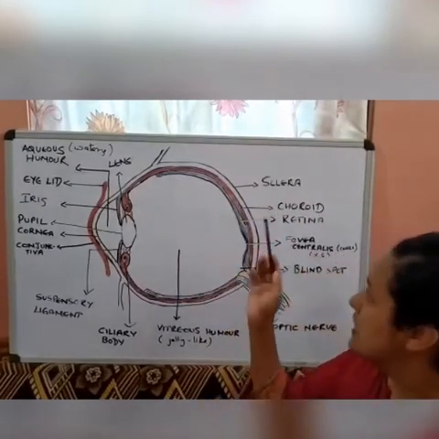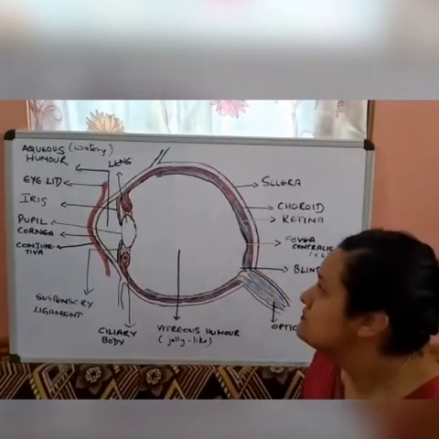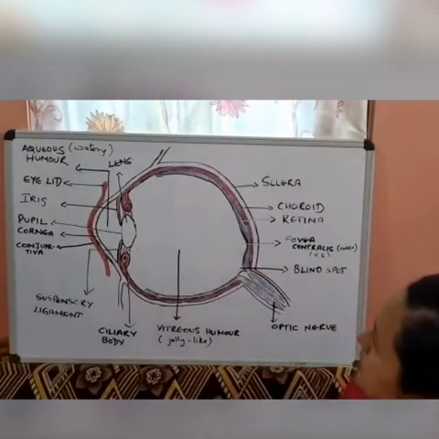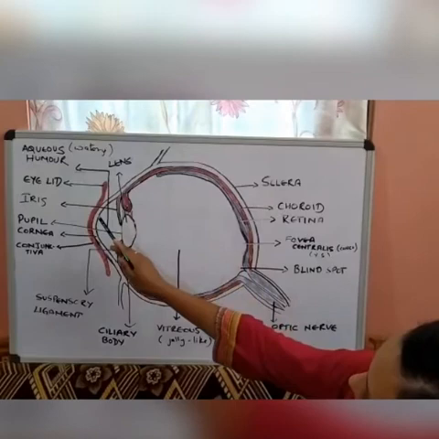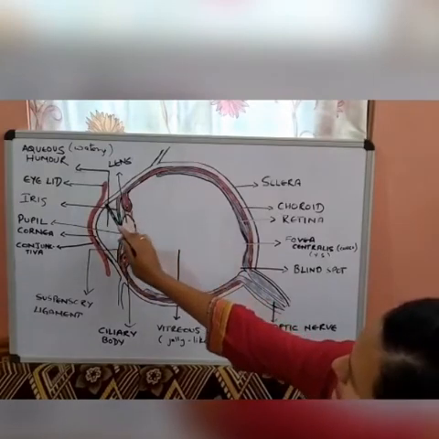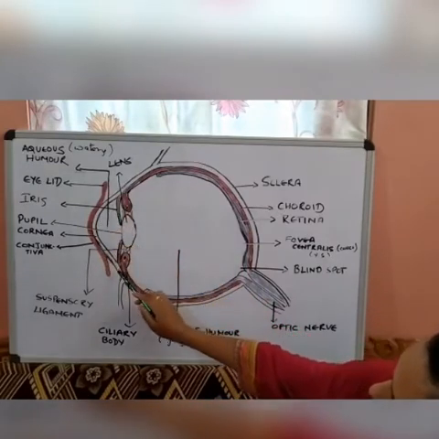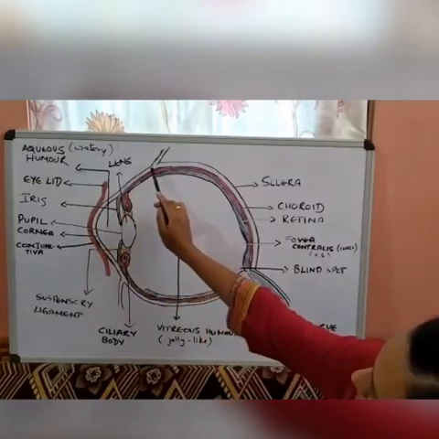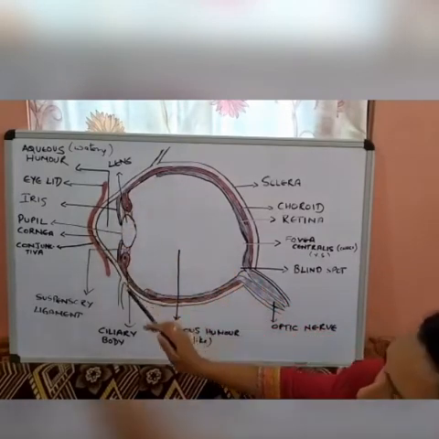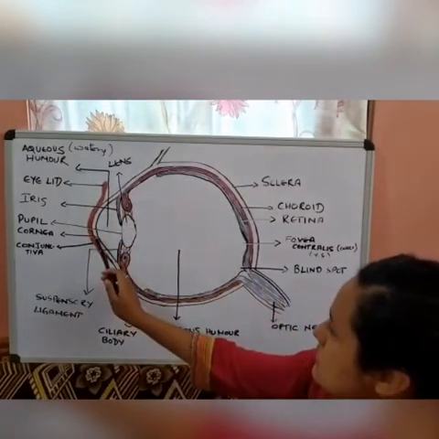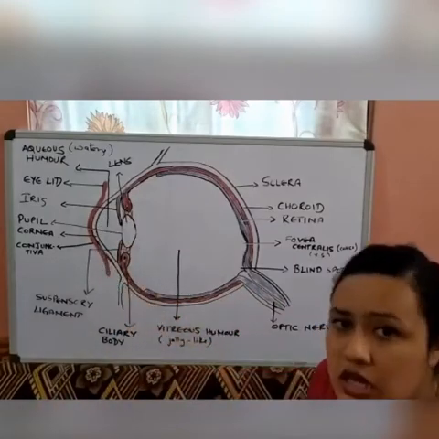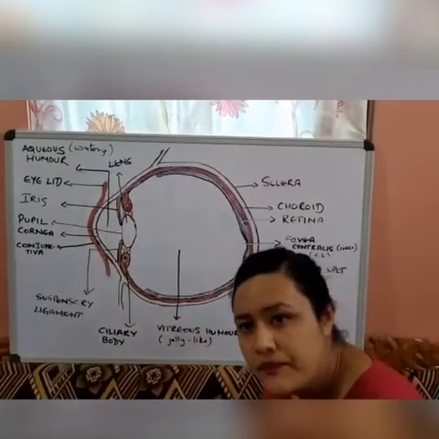The front portion of this sclera, you can see, is bulged out. This bulged portion is known as cornea.